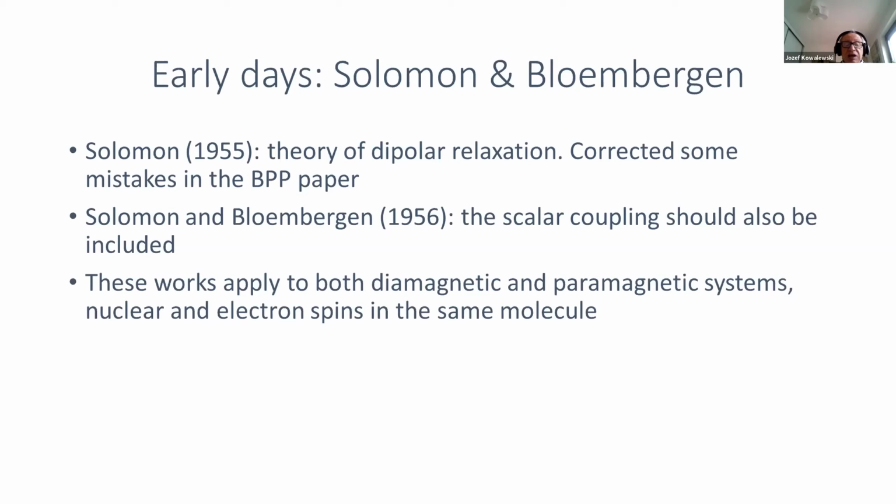Then a year later, Solomon and Bloembergen found that not only the dipolar interaction between the unpaired electron spin and the nuclear spin, but also the scalar interaction should be included. And these works apply for both diamagnetic and paramagnetic systems, assuming that nuclear and electron spins are in the same molecule.